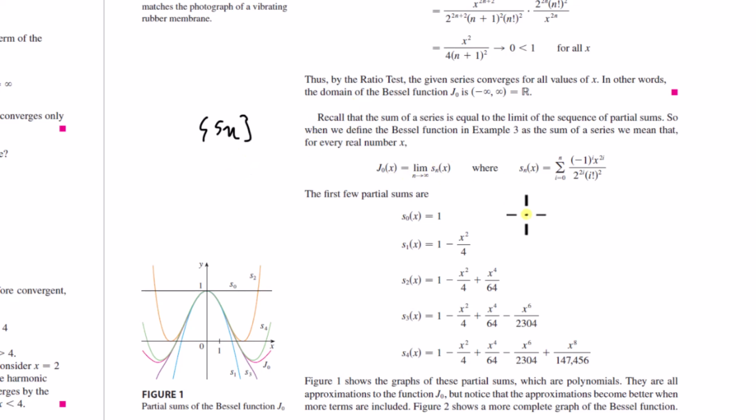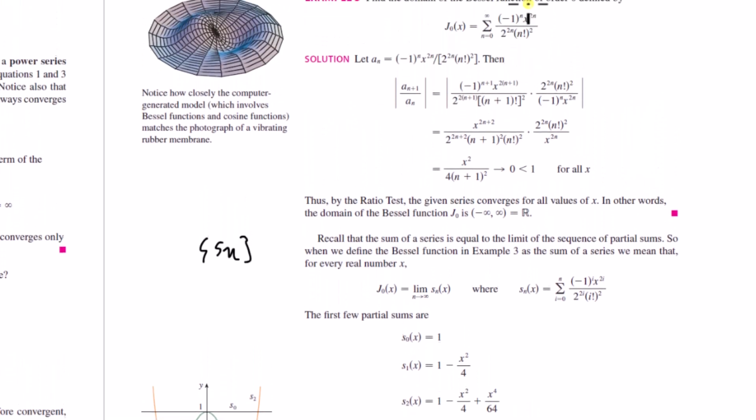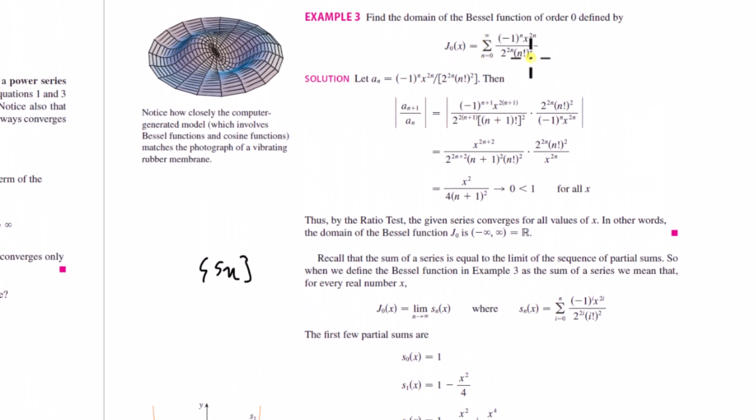And even if you don't have an S sub n formula, you can always take the summation. So here's the infinite sum, n is equal to 0 to infinity, but you could just replace the n with an i. That's what they do here. They've replaced the n with an i, and then instead of n is equal to 0 to infinity, you go from i is equal to 0 to n.